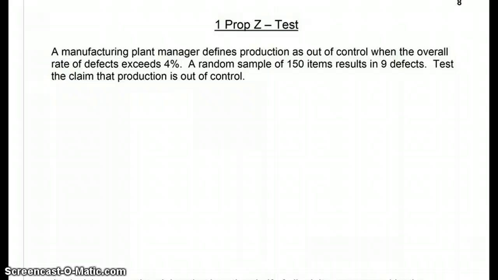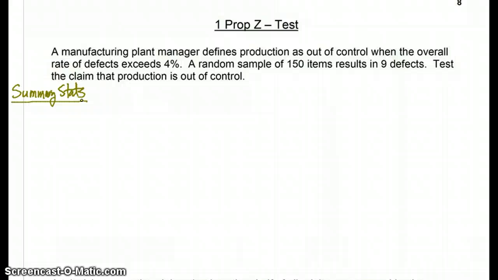All right. First, looking at the problem, what do I know is true? I have some summary statistics, and I find that it's a lot easier to identify the summary stats and list them, and then talk about what we're going to do and what we need to find.